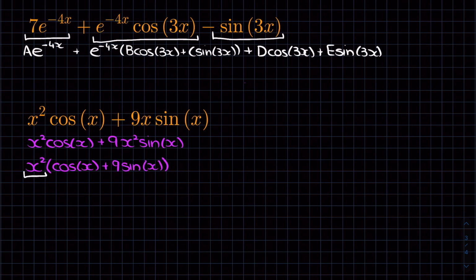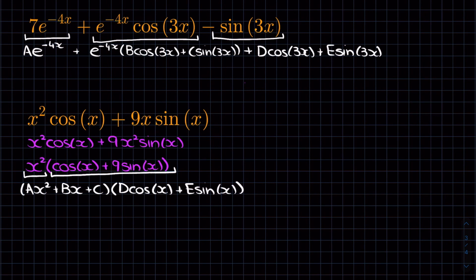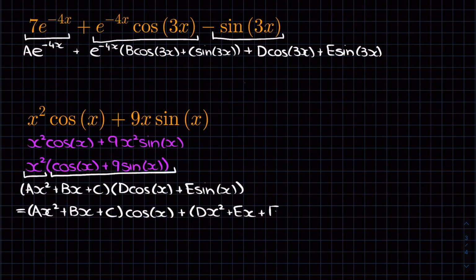Now we can guess ax squared plus bx plus c for our polynomial function, and we can guess d cosine of x plus e sine of x for our sine and cosine terms. And this is our guess, which we can also write as ax squared plus bx plus c times cosine of x plus dx squared plus ex plus f times sine of x.